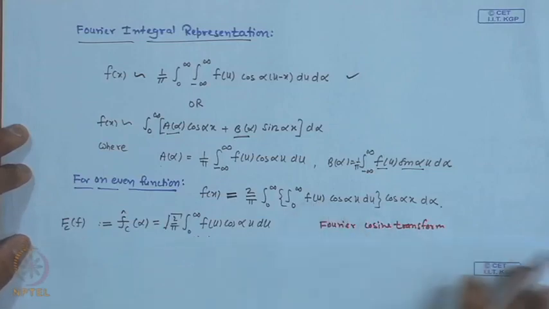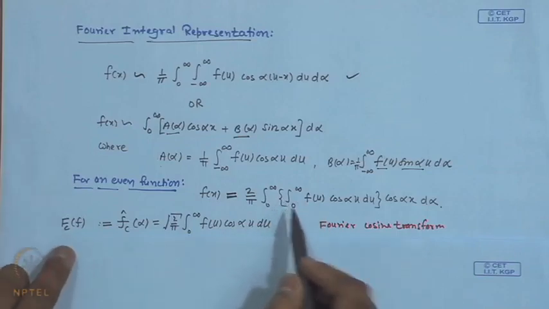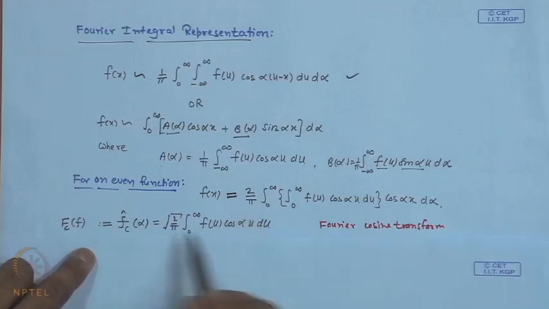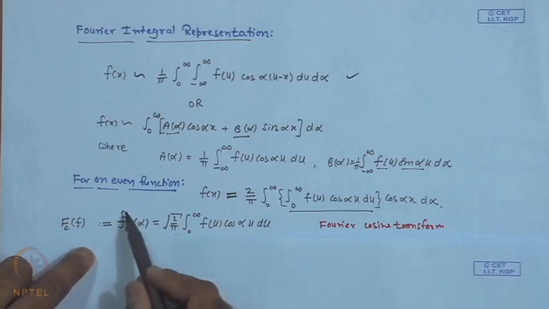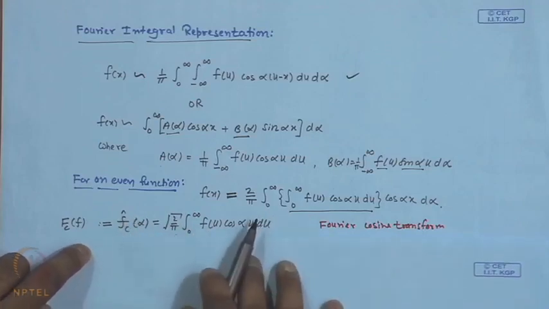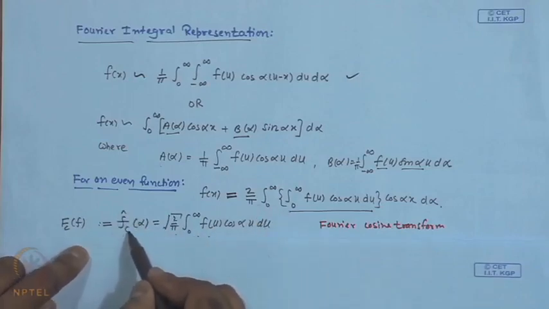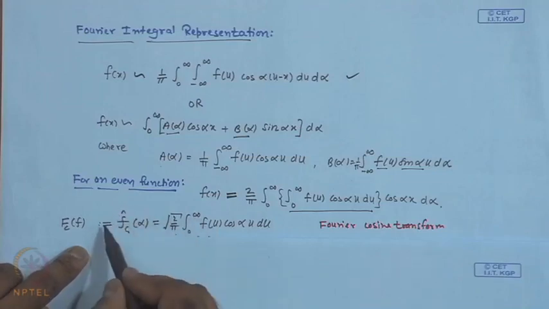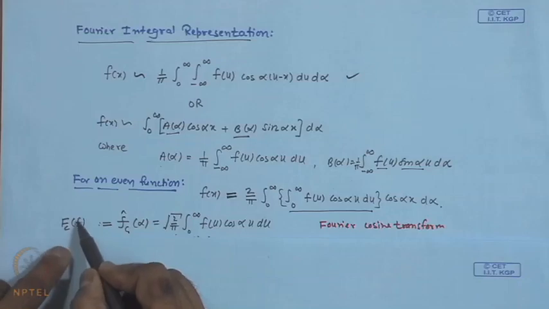Then we defined the Fourier cosine and Fourier sine transform. We take the factor square root of 2 over pi and the integral from 0 to infinity of f(u) cos(alpha u) du. Since this is now a function of alpha, we are integrating over u. We call it f hat c of alpha, or in operator form, F_c of f, the Fourier cosine transform of f.